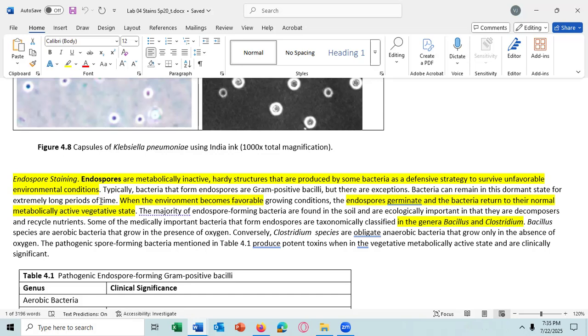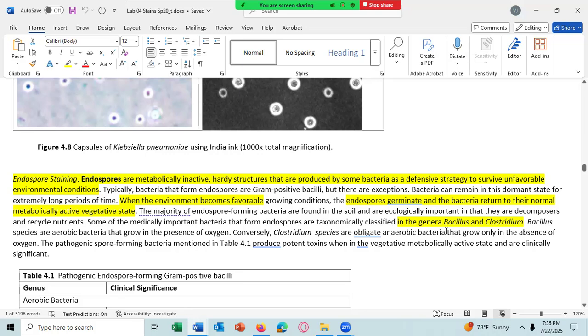Most of the bacteria that produce endospores are in the genus or family Bacillus and Clostridium. There's both a genus called that and a family, and the genus is in the family, so we're just going to call the two the same, family and genera.